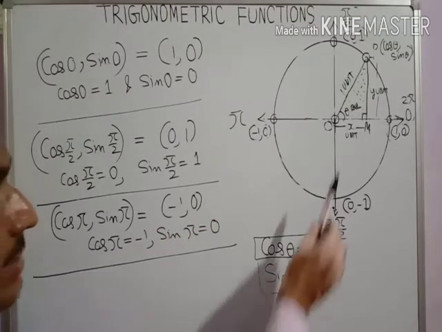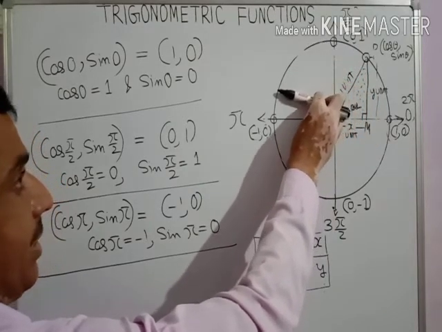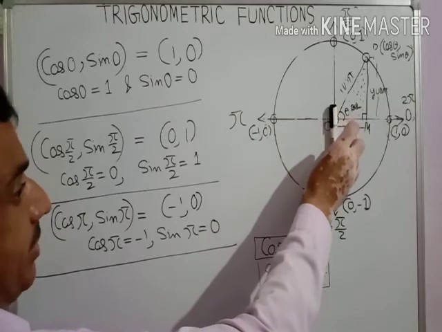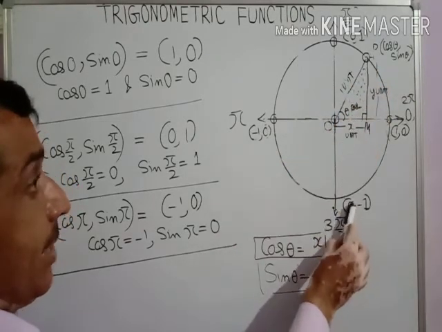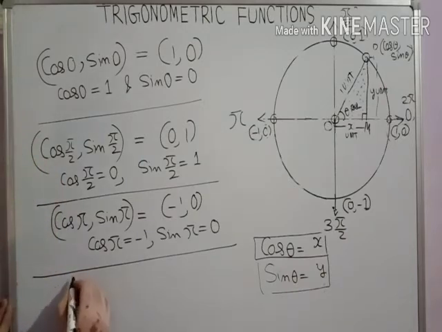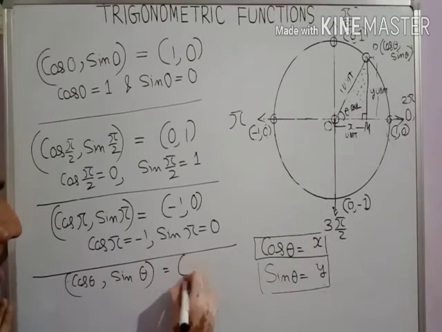And now you visualize this line is moving anti-clockwise. Now it is moving and it stops here. And if it stops here, point P and this point will coincide. I mean, this is P. I write like this: cos theta comma sin theta equals this point 0 comma minus 1.